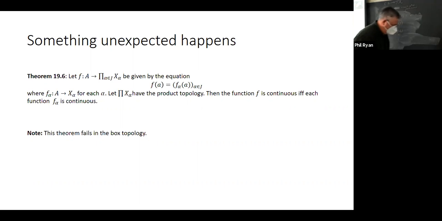But this is just exactly f beta, because this is what the definition of the coordinate function is. And so, now we're given that this is continuous, so this is open. And so that goes ahead and does it for us.